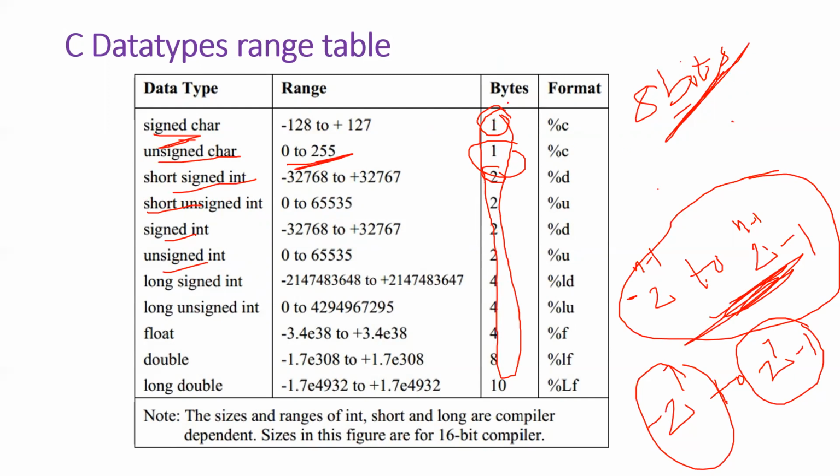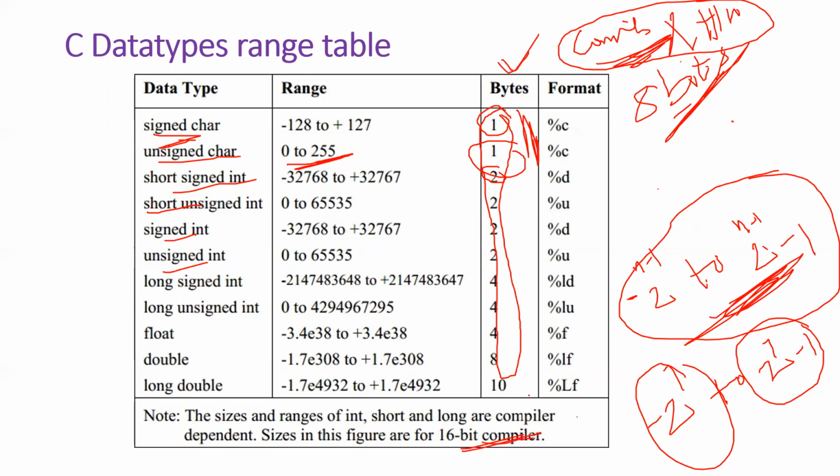One more point is that the memory allocated depends upon the compiler and the hardware we are using, which means a 16-bit compiler or 32-bit compiler, 64-bit compiler, like that. The results shown in this table are based on a 16-bit compiler. Whenever a question is asked like, what is the range or what is the memory allocated for a data type in C, you need to answer that it is compiler dependent. This is the best answer: compiler dependent.